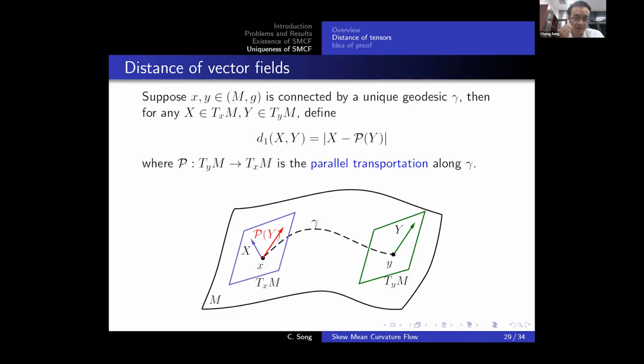You can define the difference. So that's a very simple idea. Okay, next.